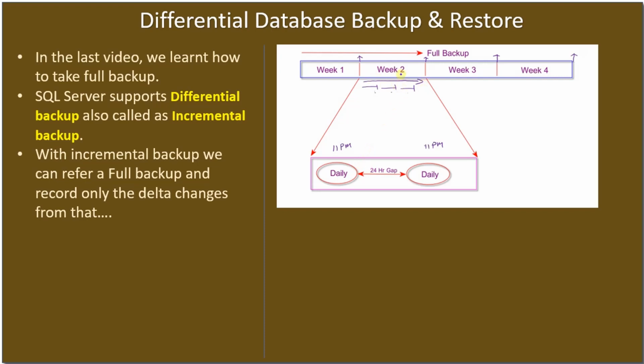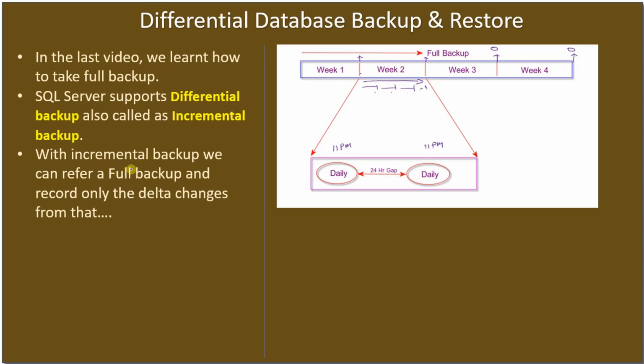So in a week, since we take daily, there may be 6 incremental backups here, right? Daily, a 24-hour gap within this 1 week period. So there will be a full backup every Sunday and an incremental backup on a 24-hour gap.